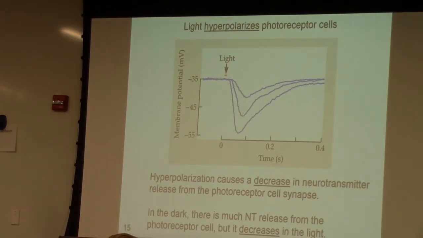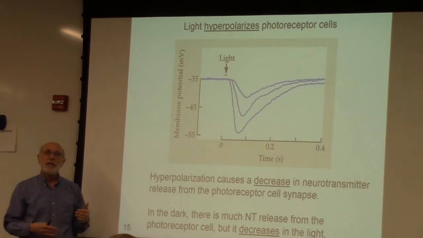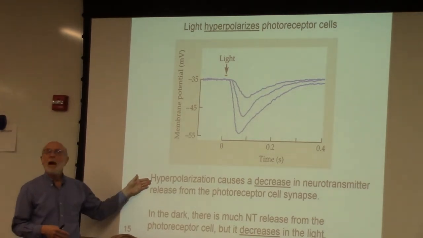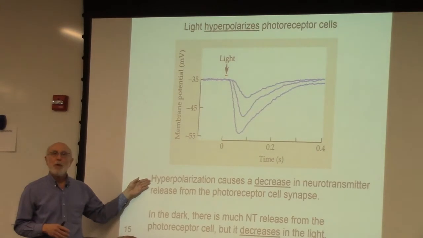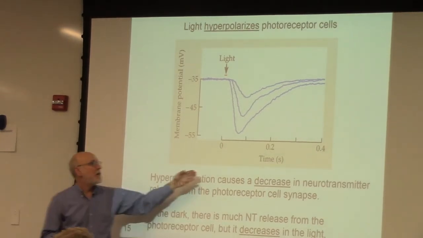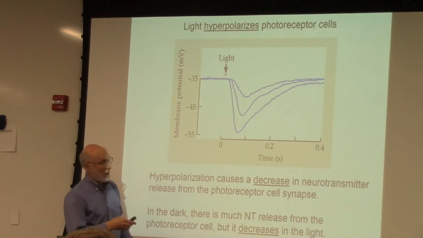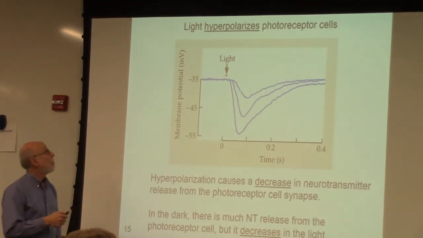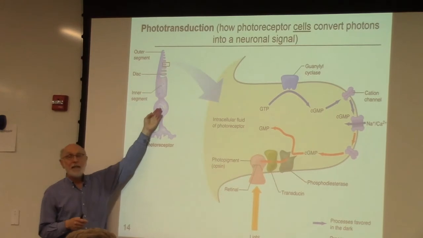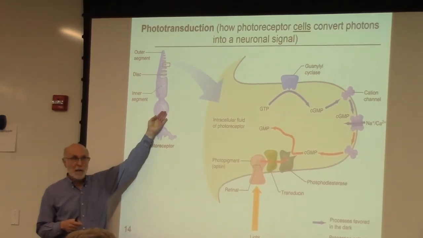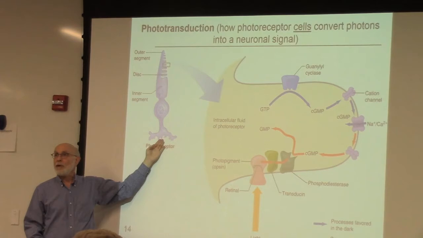Now we have to go on to the next step, which is neurotransmitter release. And as you would expect, now things get a little normal. A hyperpolarization of the cell causes a decrease in neurotransmitter release from the receptor cell. So in the dark, relatively depolarized, there is a lot of neurotransmitter release.